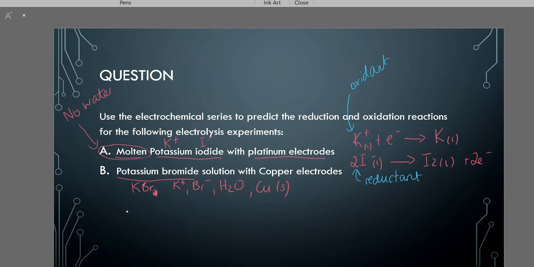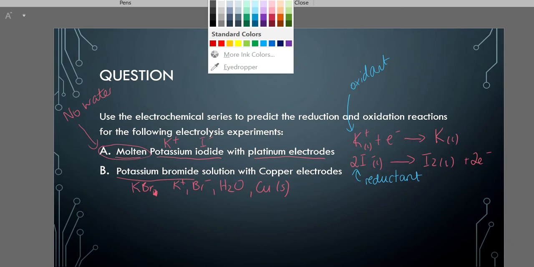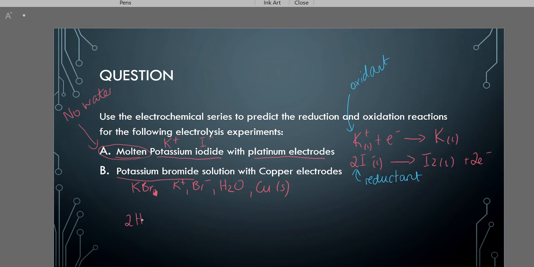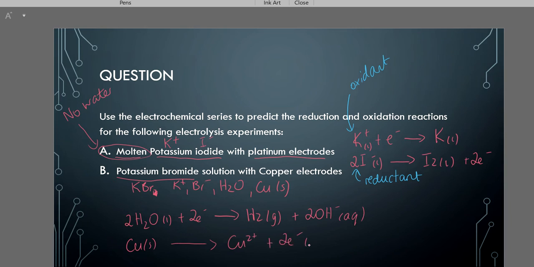We had 2H2O liquid plus 2 electrons undergoing reduction to form hydrogen gas and hydroxide ions. And we had our copper solid as our strongest reductant undergoing oxidation to form copper ions in that solution.